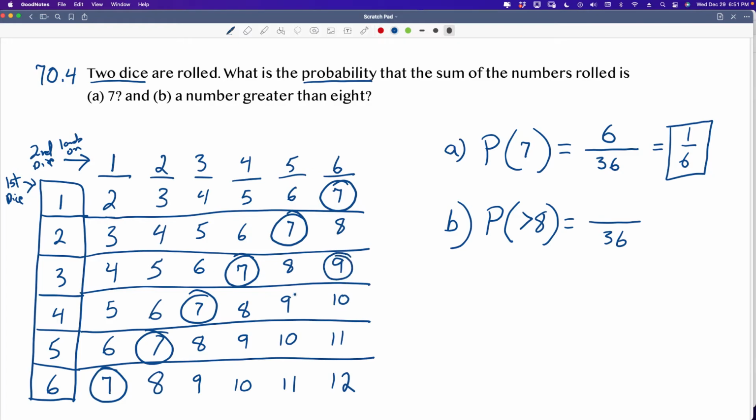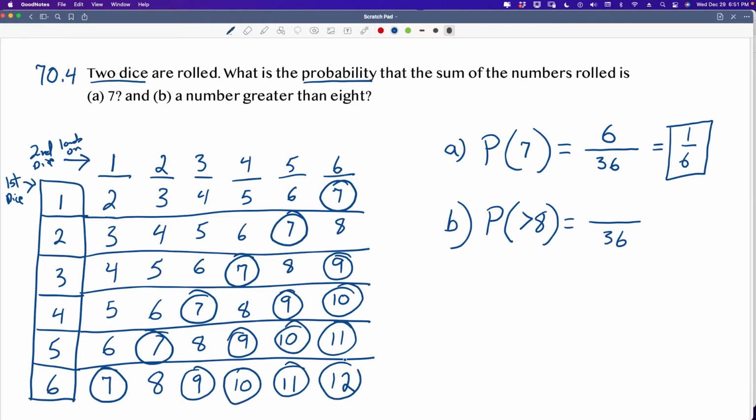So we have 1, 2, 3, 4, 5, 6, 7, 8, 9, 10 possible outcomes that are more than 8. So 10 over 36, we can reduce that. Divide both of those by 2, we get 5. 36 divided by 2 is 18. So we get 5 over 18 is the probability that we can roll something greater than 8 with 2 dice.